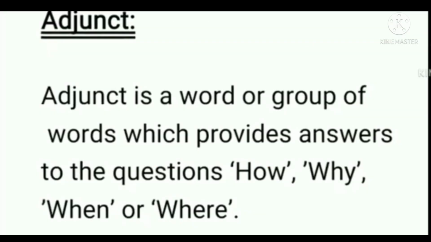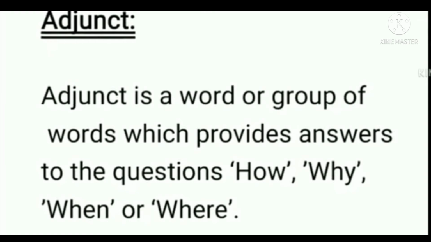Next component is the adjunct. Adjunct is a word or group of words which provides answers to the questions how, why, when or where. So it gives answers for the questions how, why, when or where. And also it gives extra information to a sentence.